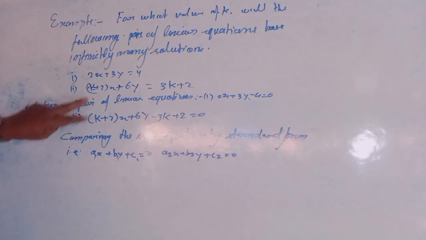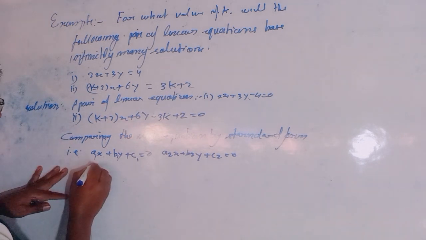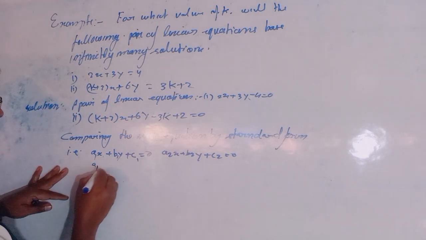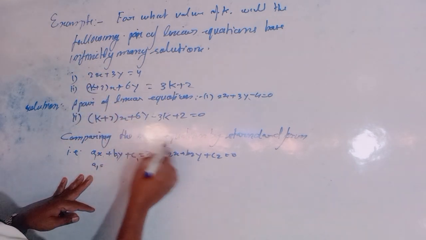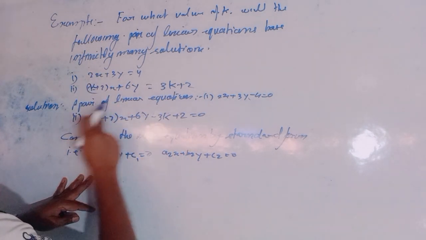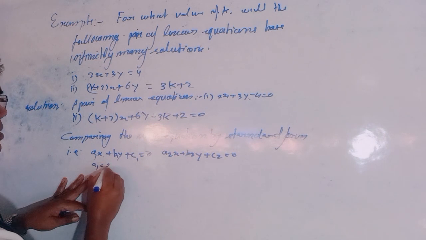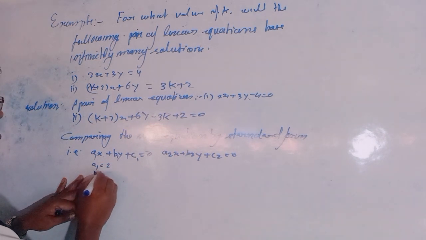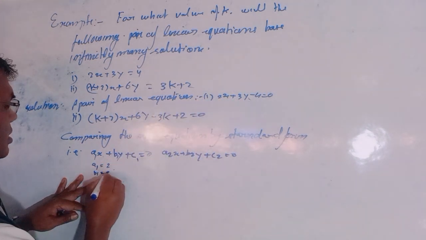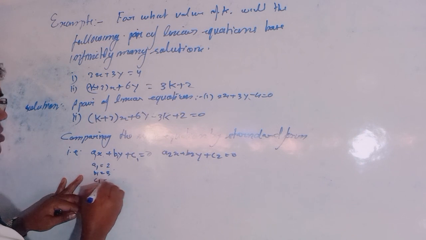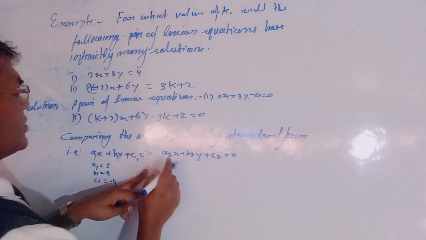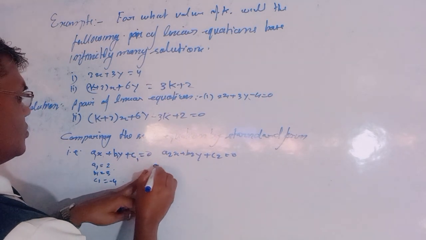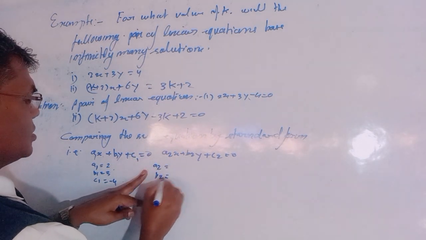Now compare the first equation. Value of a1 is 2, b1 is equal to 3 and c1 is equal to minus 4. Okay, for the second equation we will find a2, b2 and c2.